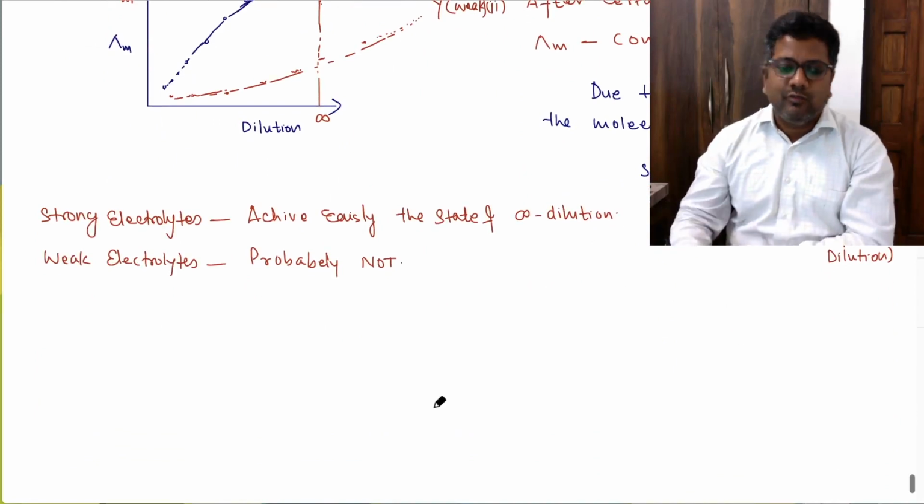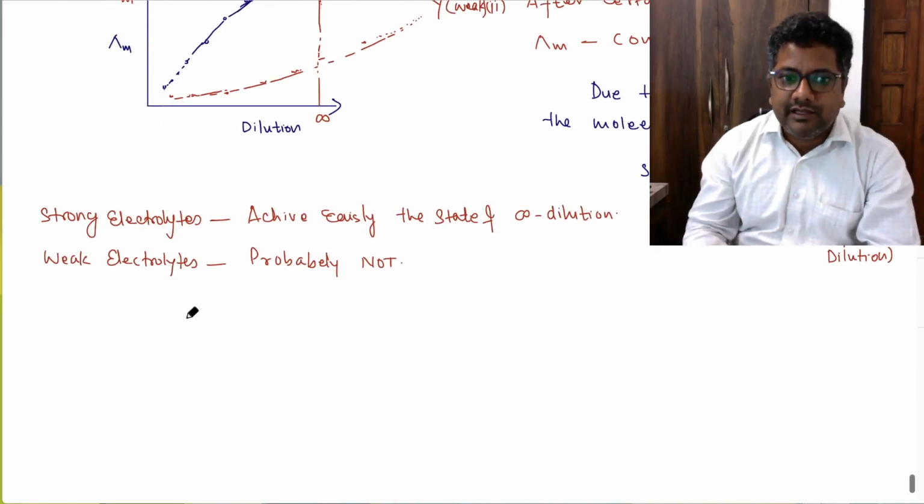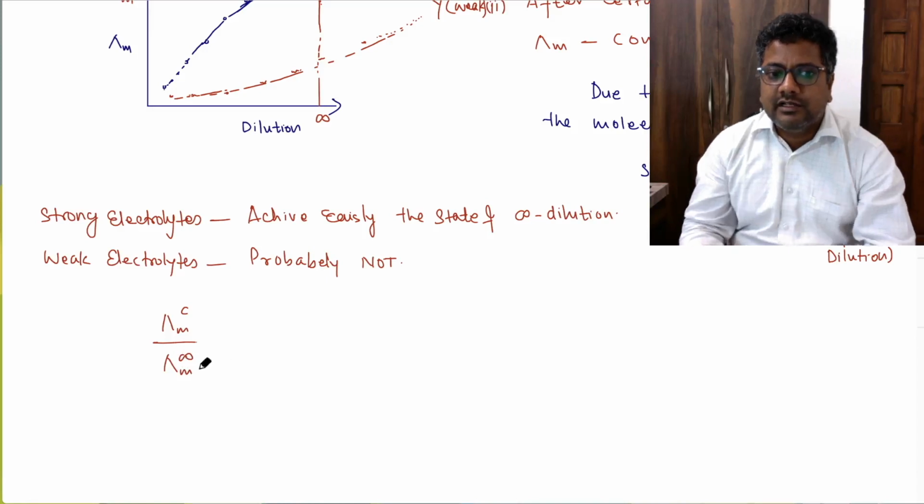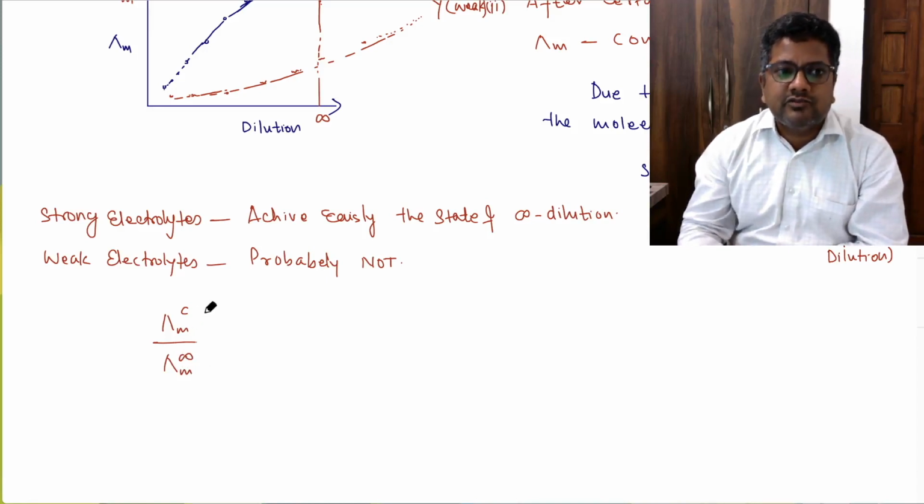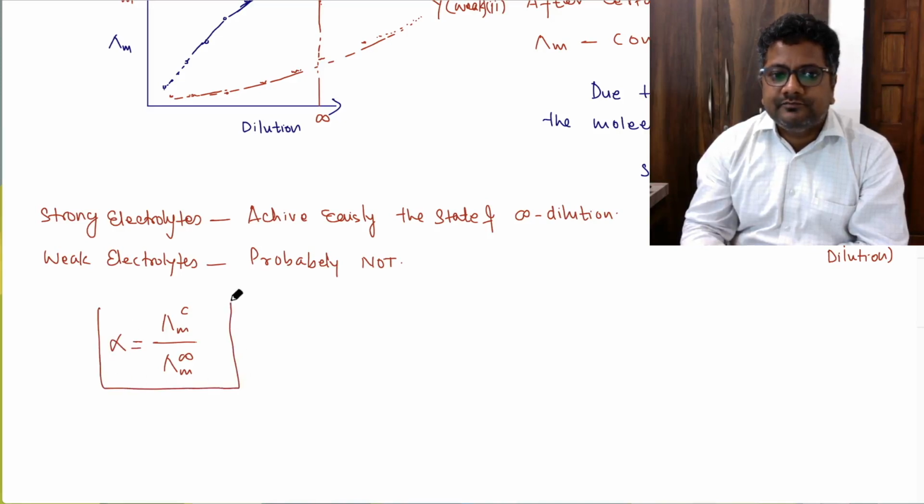So at any moment, if you divide lambda molar at a particular concentration by lambda molar at infinite dilution, this corresponds to the molecules dissociated under that particular condition of dilution, relative to the total molecules dissociated. So this is called alpha, the degree of dissociation.